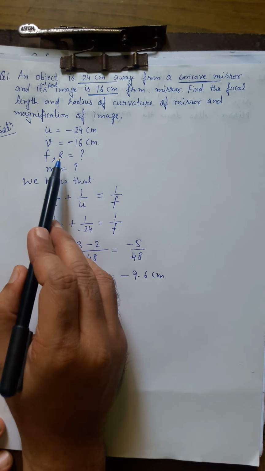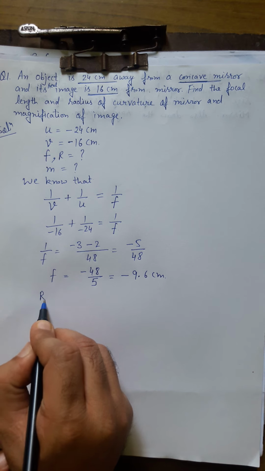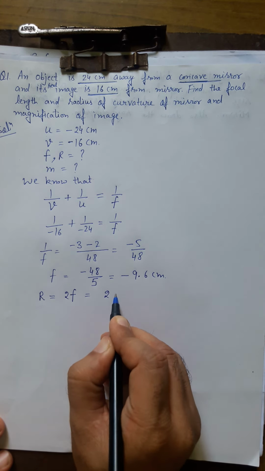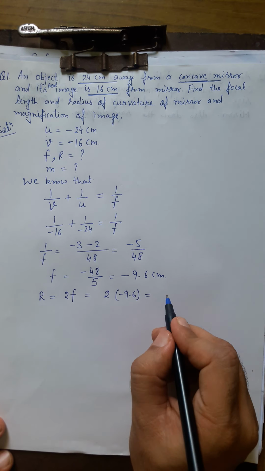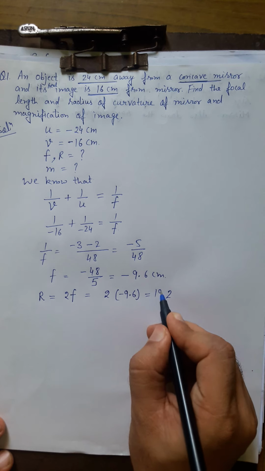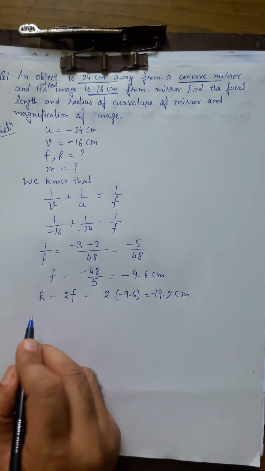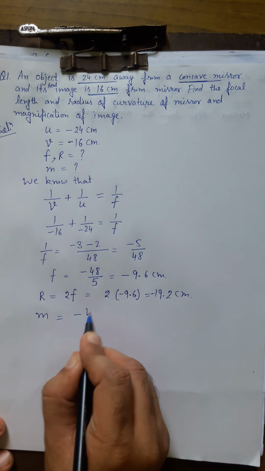Now you can calculate the radius of curvature. We know the formula. The radius of curvature is equal to twice of f. So 2 into minus 9.6 means it will be 19.2 centimeter. Also you have to calculate the magnification, and magnification of mirror is -v/u.